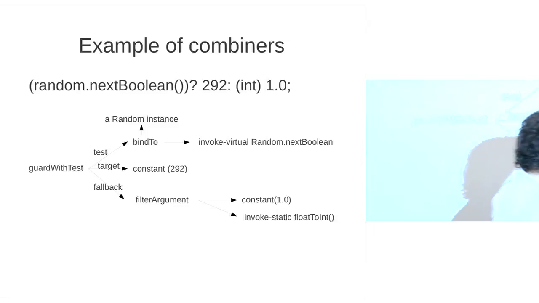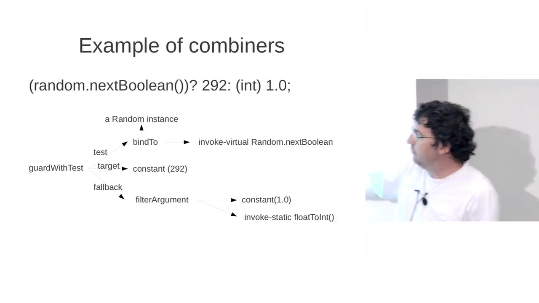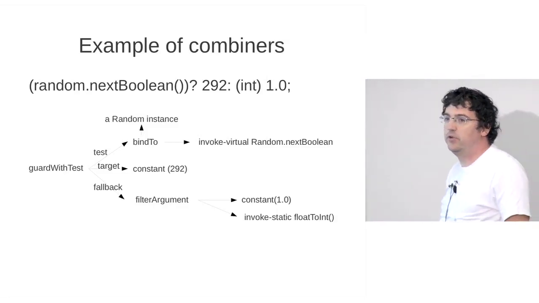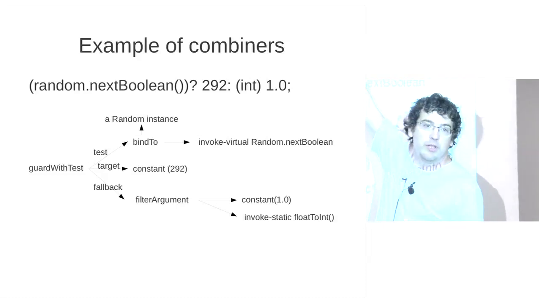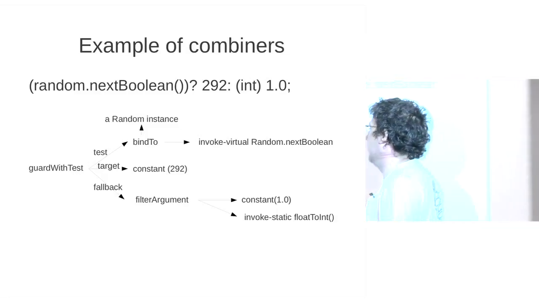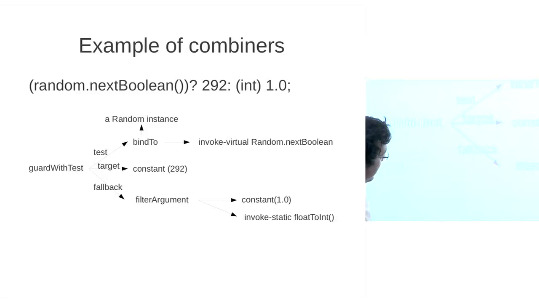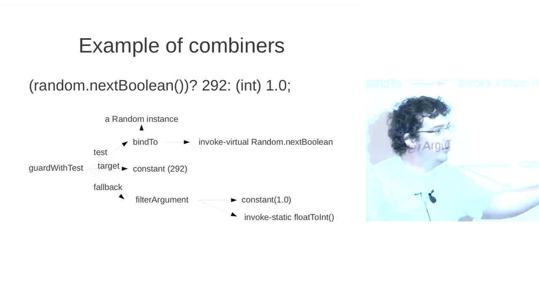And here we have the part which shows how to deal with conversion between, for example, a double to an int. This is done by using a combiner named filterArguments that is able to take a value and call a method that will do the conversion.